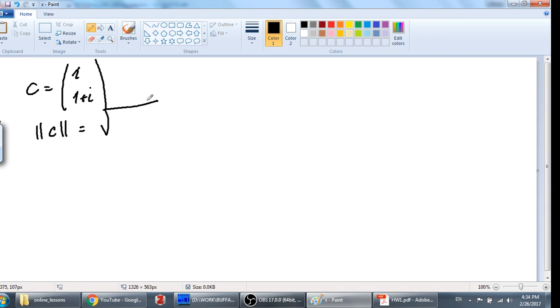If you remember, we already talked about today, the norm of the vector is the square root of the scalar product.